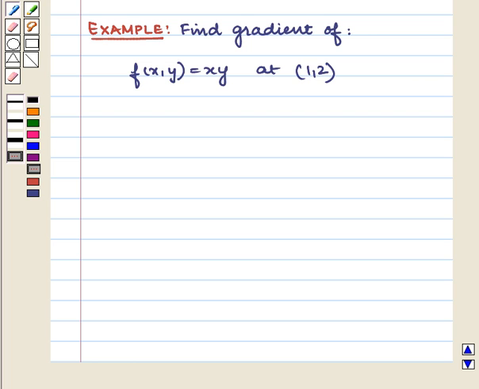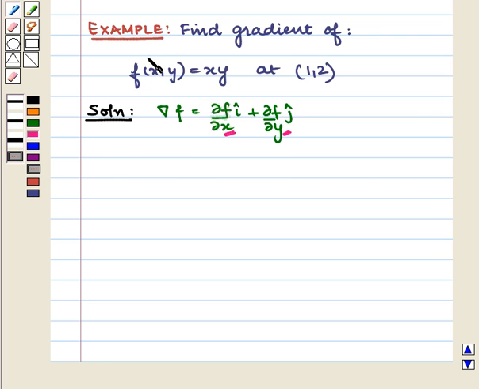Let us consider an example in which we have to find the gradient of a function f of xy equal to xy at the point 1, 2. Now we know gradient of f is equal to del f by del x i cap plus del f by del y j cap. So we partially differentiate f with respect to x and with respect to y.